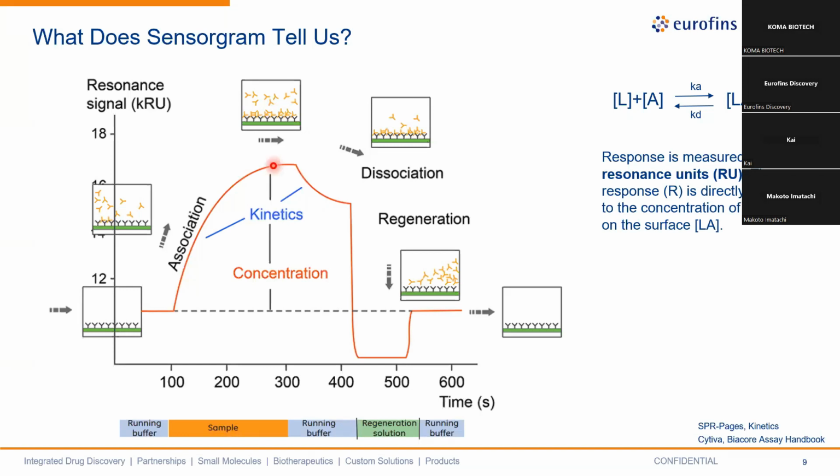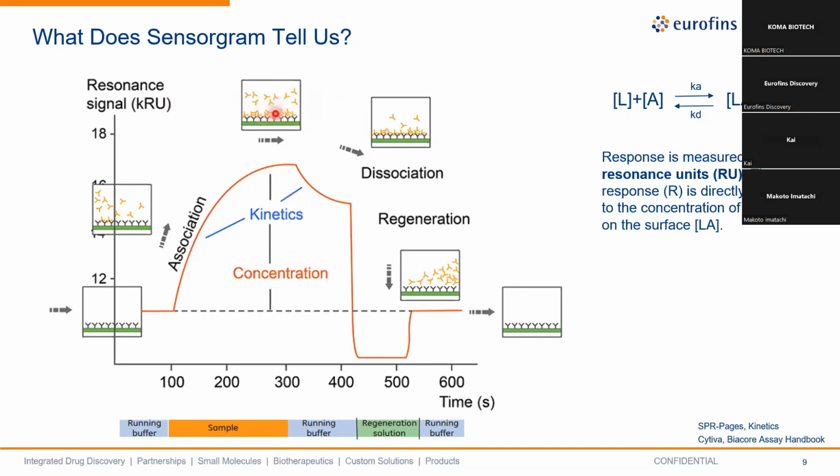If the signal is saturated, then we switch the buffer from the sample to running buffer only. In this case, there will be no more binding on the surface, because in the soluble phase in the microfluidic solution, there is no analyte.